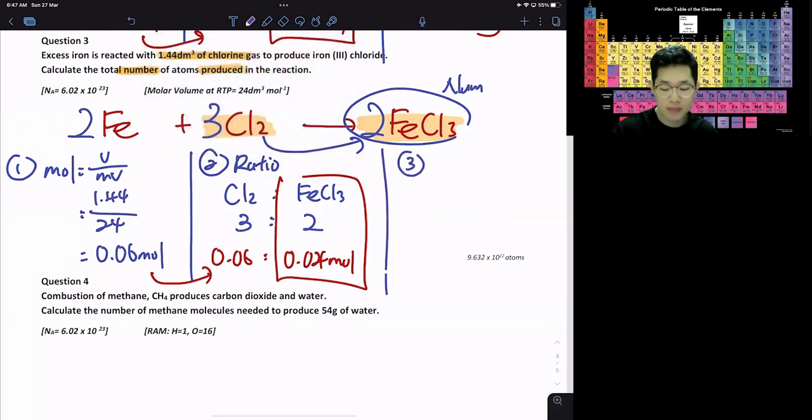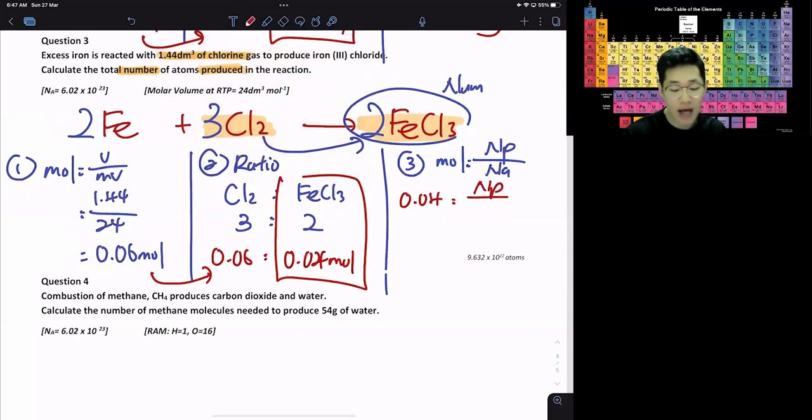Lastly, they want to find number. So I will be using mole equals to number of particles over the Avogadro's constant. 0.04 is equals to NP over NA, given here 6.02 times 10 to the power of 23.